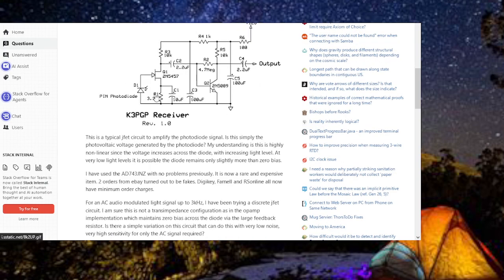Oh. Yeah, this is not... I don't know what he's doing there. He's connected the photodiode directly to the input of the FET, which I don't think you can do because the impedance is going to be really low. I mean, you could, right? But you would want some kind of input impedance there.